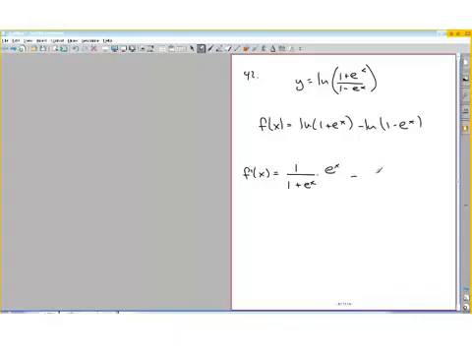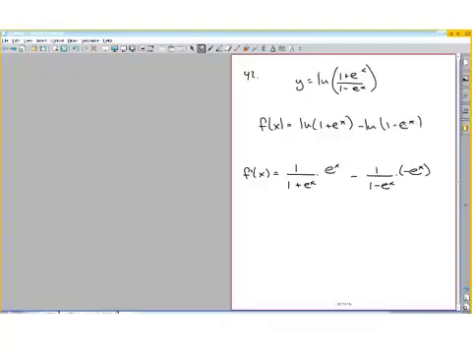And then the second part is 1 over, you got a negative sign from here, 1 over 1 minus e to the x. And then you multiply it by the derivative of this expression in the natural log. This is the u of x part, and this is the natural log of u, basically. So you take the derivative of 1, which is 0, and then you'll get negative e to the x from this negative here.